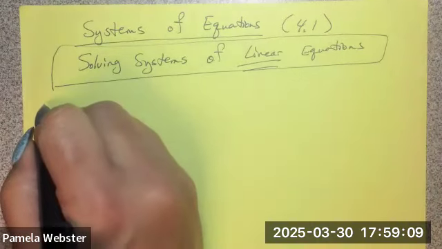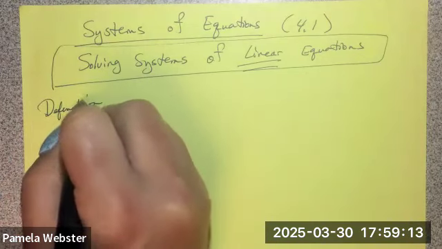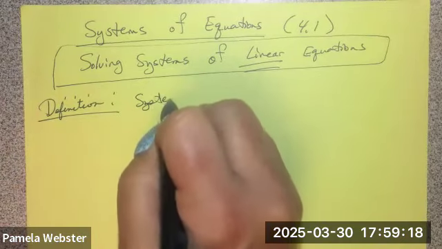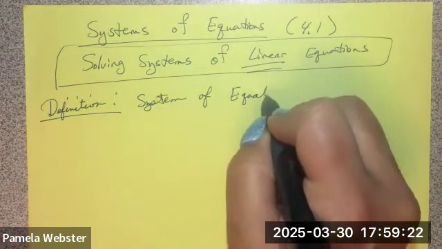First of all, we need a definition. What is a system of linear equations? Or let's just say a system of equations.